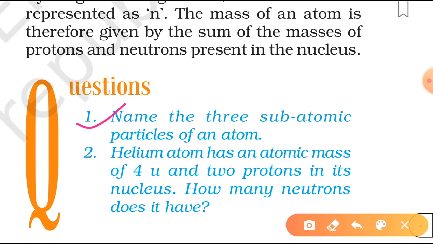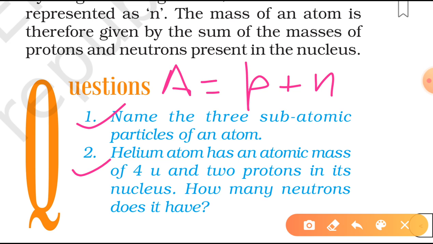So, now the next question is, helium atom has an atomic mass of 4 u and 2 protons in its nucleus. How many neutrons does it have? Students, atomic mass is represented using symbol capital A. Now, this is equal to number of protons plus number of neutrons.